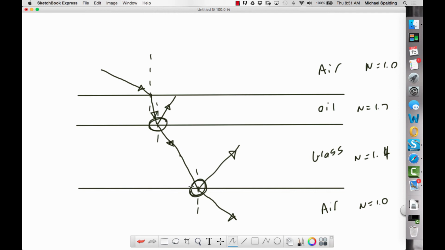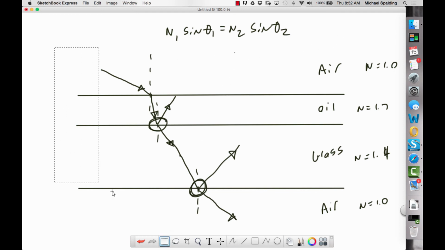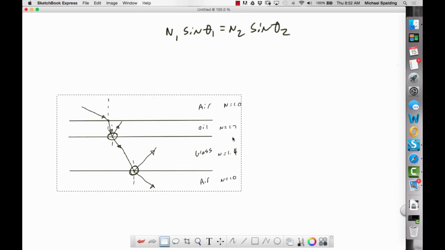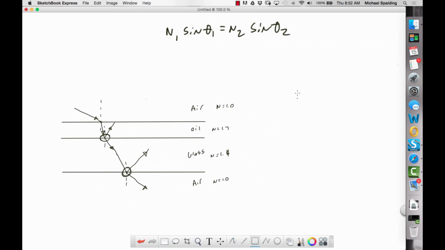For each identified boundary, calculate the critical angle. So the equation for critical angle, you can derive it from Snell's law. N1 sine theta 1 equals N2 sine theta 2. So the whole idea, let me just sketch it in. This is like a review of total internal reflection. The whole idea with total internal reflection is, let's say this is like a block of glass right here. So look, you're looking at a ray that's trying to come out of a glass, like that.